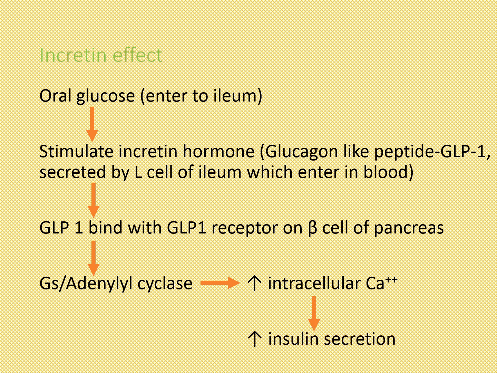As a result, when we give oral glucose, via GLP-1, there is more insulin secretion, but when we give intravenous glucose, we are bypassing the gastrointestinal tract.